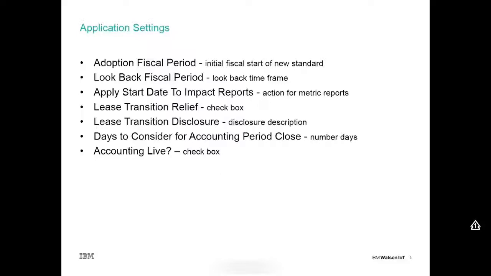We also added the apply start date to impact reports. This is an action that applies the filters. If people are familiar with our real estate and asset lease, in our accounting tab, we have metric reports that display these metrics, and we're putting a filter to apply these metrics so when it starts, it uses the look back period of 2017 and filters to render those reports.